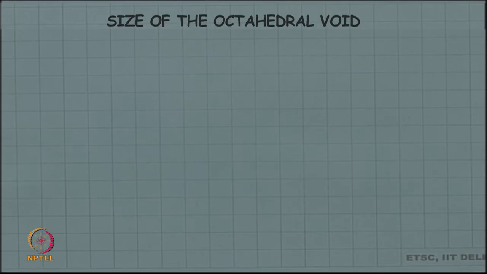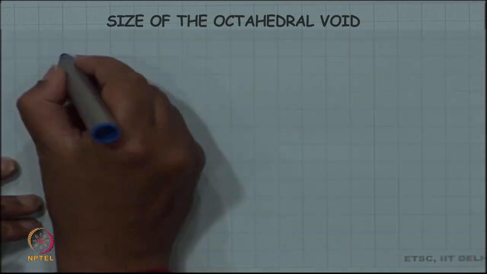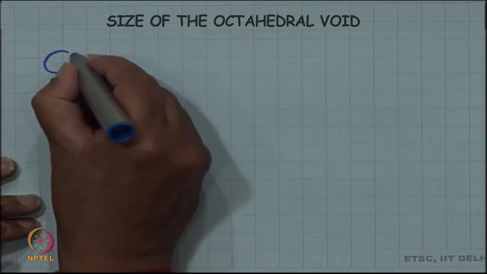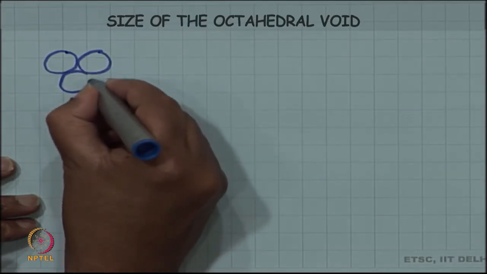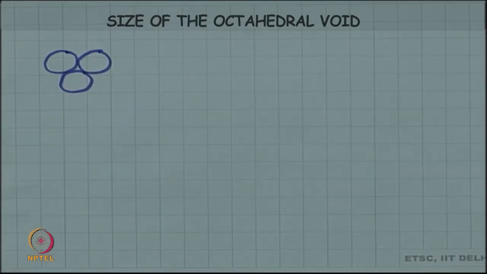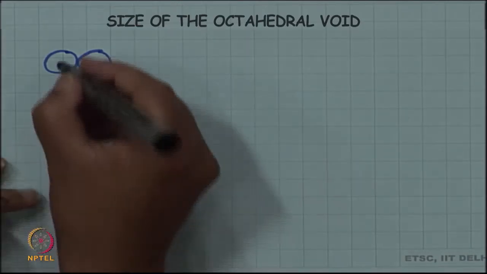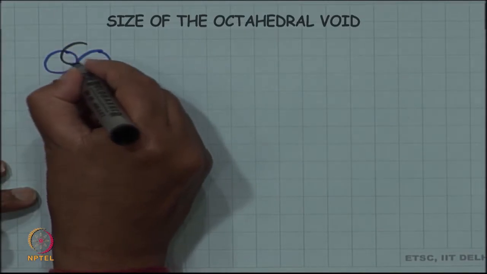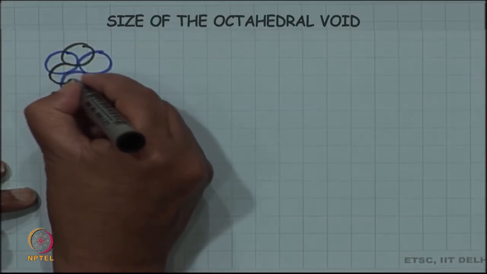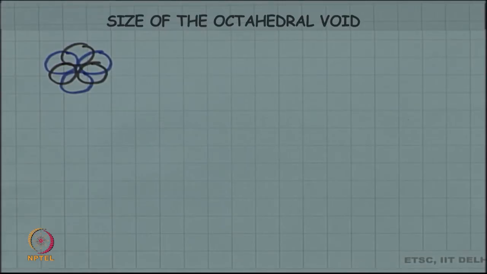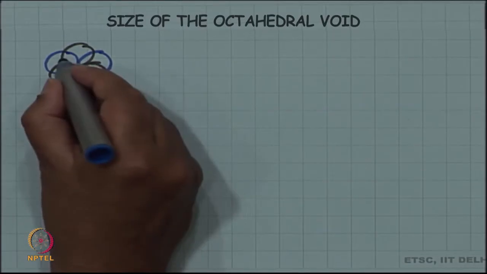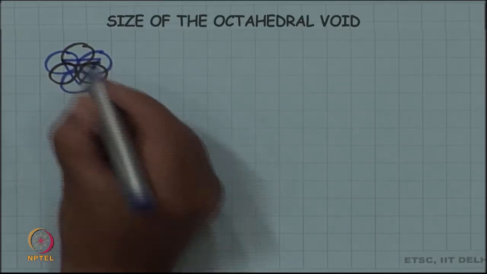Now, octahedron, as we saw when we made the octahedral void, we had 3 atoms below like this, and we also had 3 atoms above like this. This is how an octahedron will sit on a table, it will sit on its triangular face.